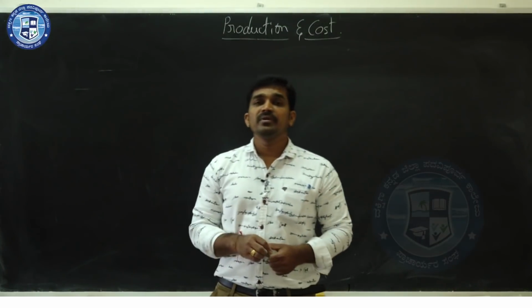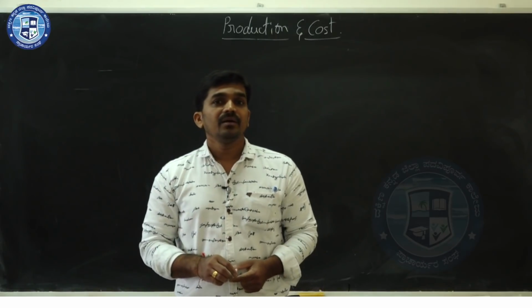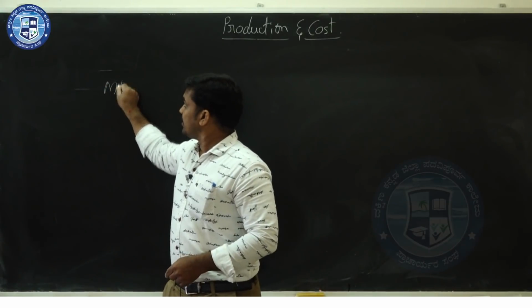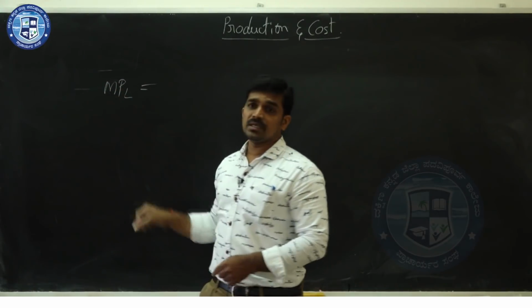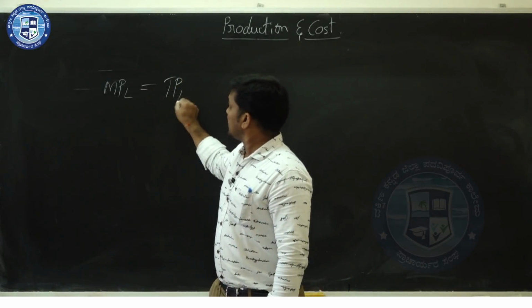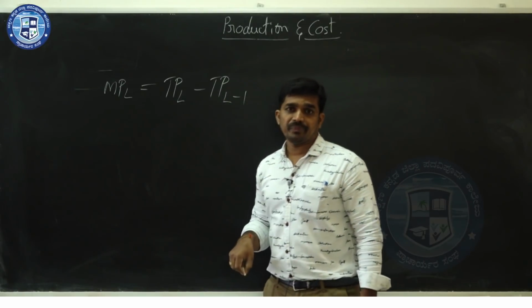For the calculation of marginal product, we also use another formula here. Marginal product of labor is equal to TPL minus TPL minus 1.